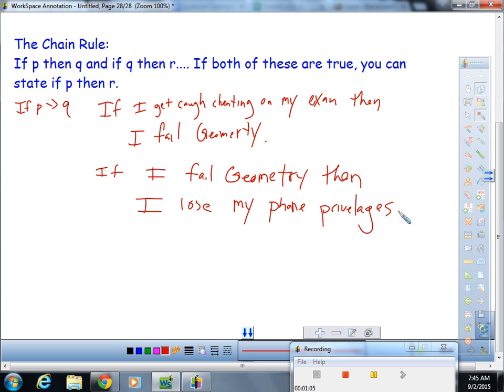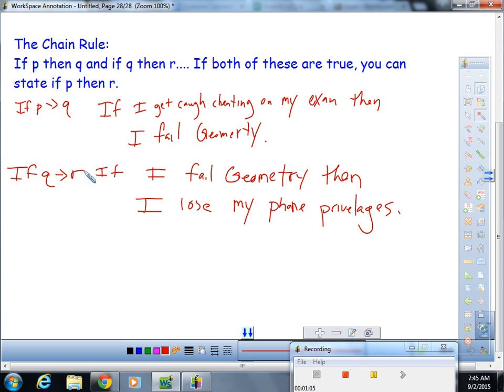Using what letters? There's a specific letter I need to use. What was Q here? You failed geometry. So this one needs to be if Q. Remember, Q is a statement that has validity. The statement was, I failed geometry. So now we would write if Q, then, and now we can call it whatever we want, R.